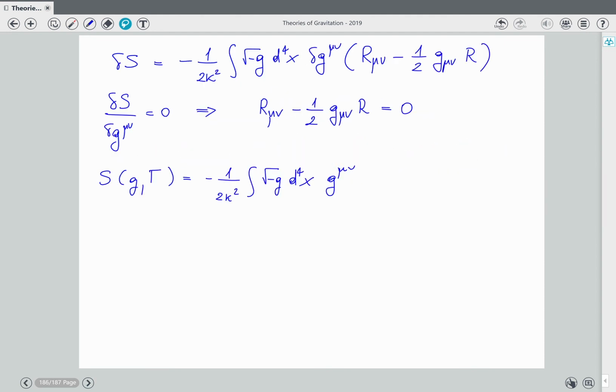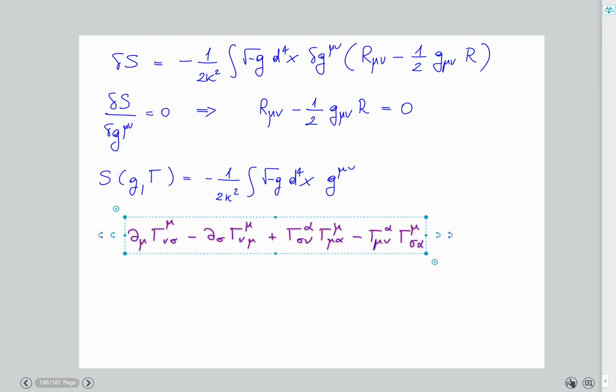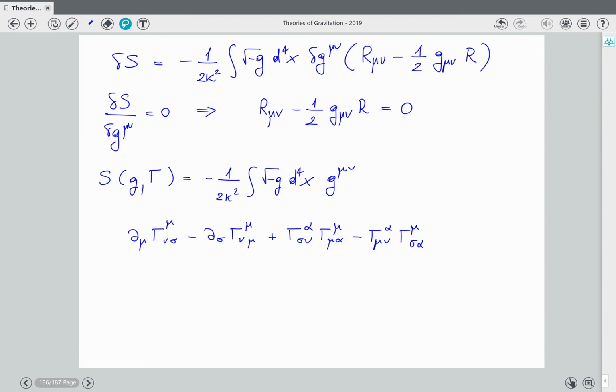Let's see if we do it. I have to change the name of all indices because instead of nu and sigma we need to, so let me call it lambda.